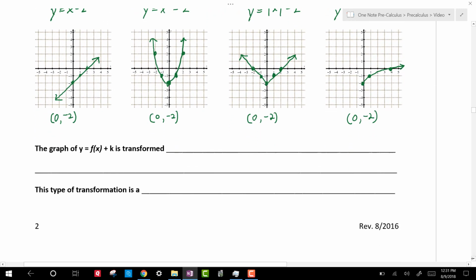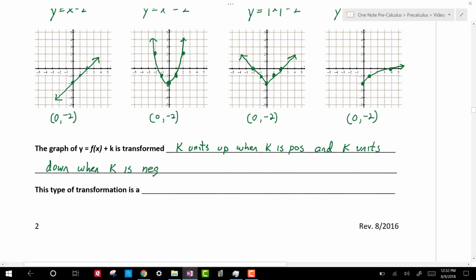Okay? So in a generic sense, when we see the graph of y equals f of x plus or minus k, okay, so this could be plus or minus k, this graph is transformed k units up when k is positive, and k units down when k is negative.